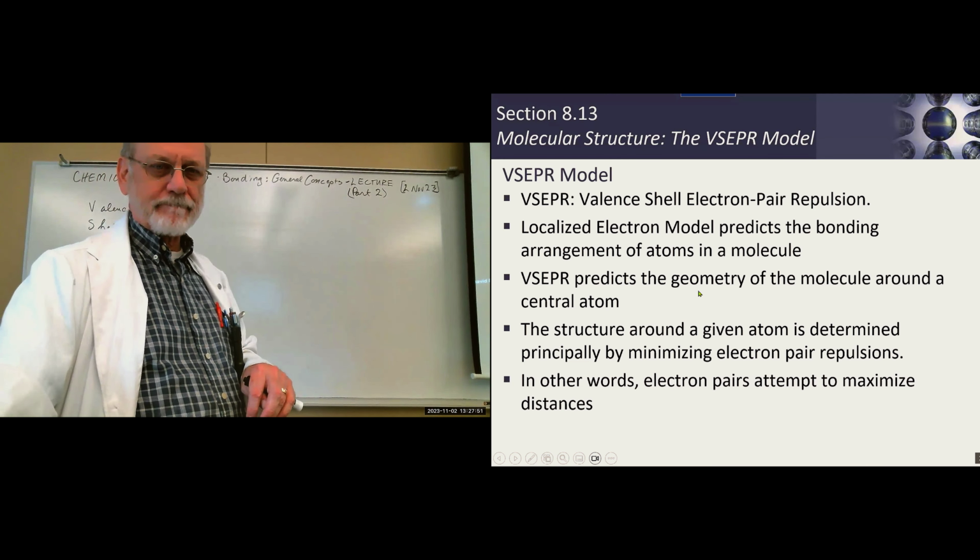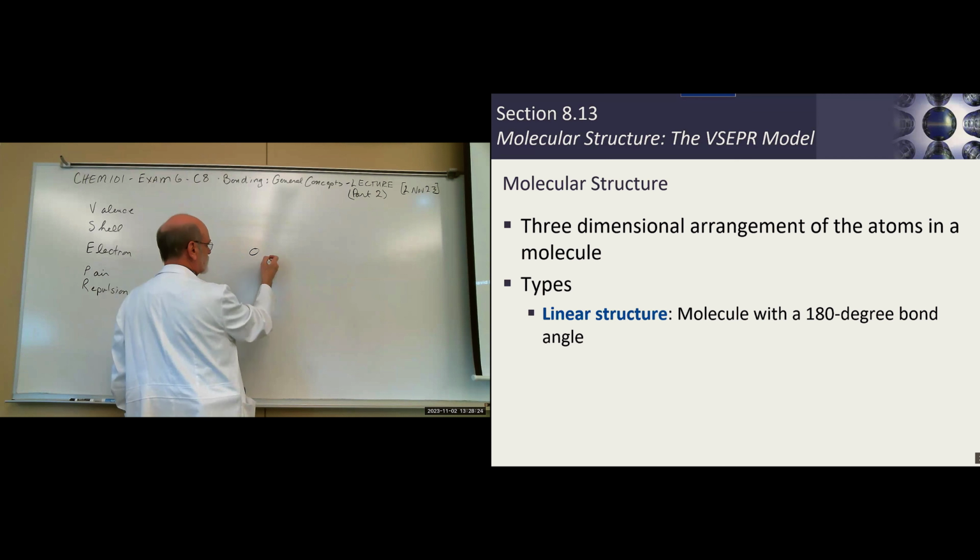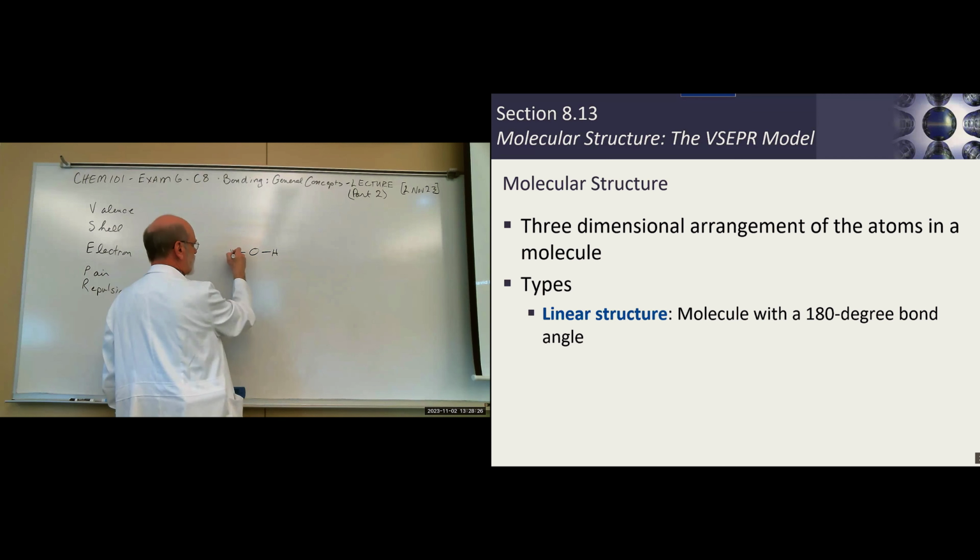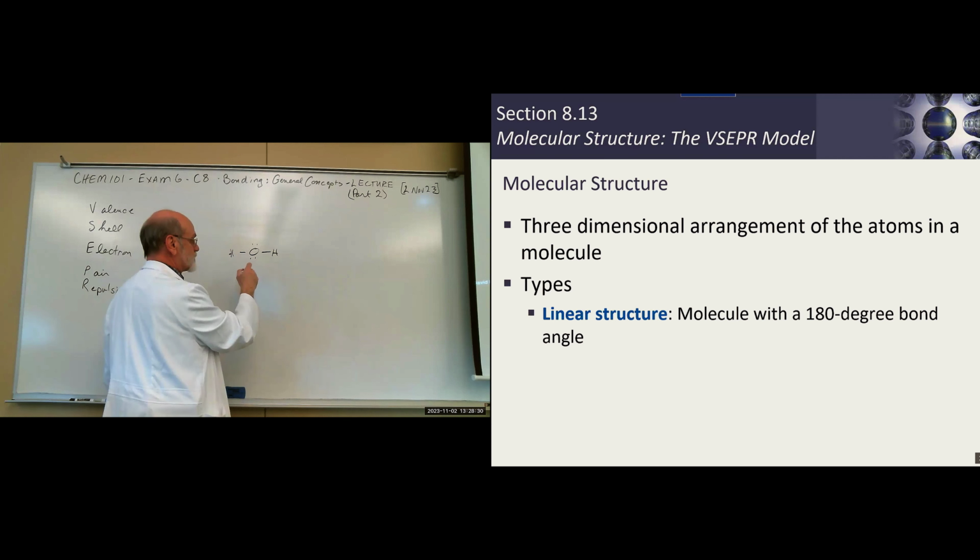A linear structure will give you a certain bond angle. When we talk about bond angles, you need a central atom, and then you need two other bonds to form an angle, right? If we have oxygen and hydrogen on either side, then the bond angle is going to be here to here to here.